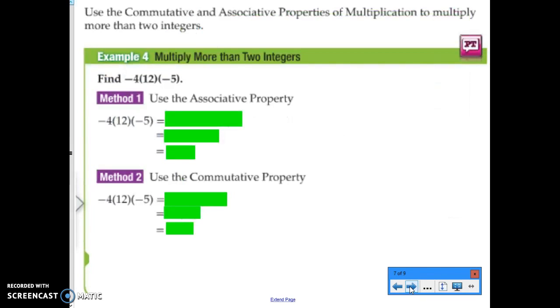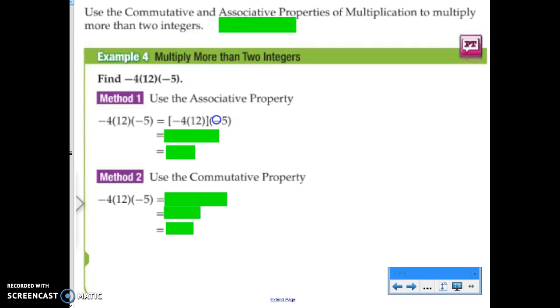All right, next slide says use the commutative and associative properties of multiplication to multiply more than 2 integers. So in the first method here, we have negative 4 times 12 times negative 5, and we're going to use that associative property to rearrange what is in parentheses. So let's go ahead and do that.